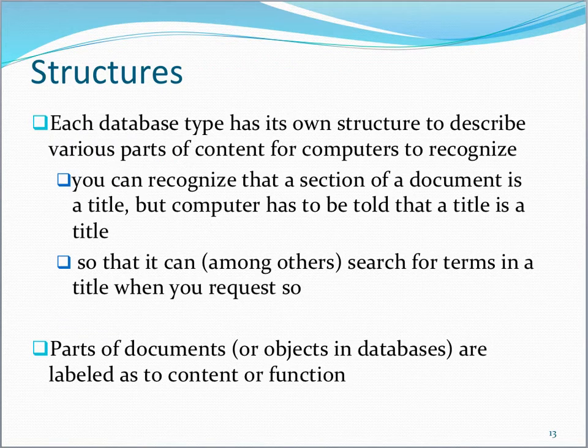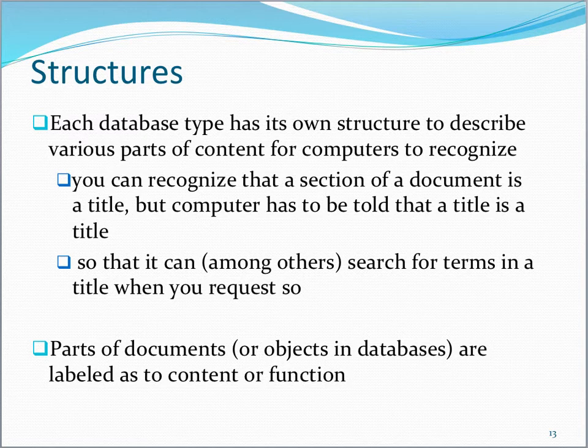Each database type has its own structure to describe various parts of content for the computer to recognize. You can recognize that a section of a document is a title, but of course the computer has to be told that a title is a title, and you do that with a markup language, for example. So the database knows, okay, I marked this as a title, and that goes to the title field.